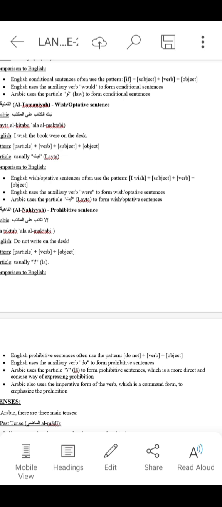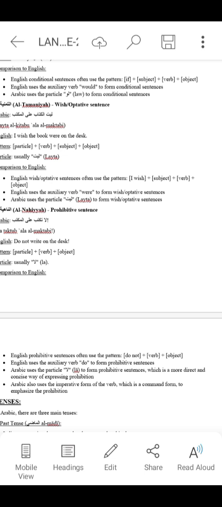Arabic uses the particle la, which is a more direct and concise way of expressing prohibition. Arabic also uses the imperative form of the verb, which is a command, to emphasize the prohibition.